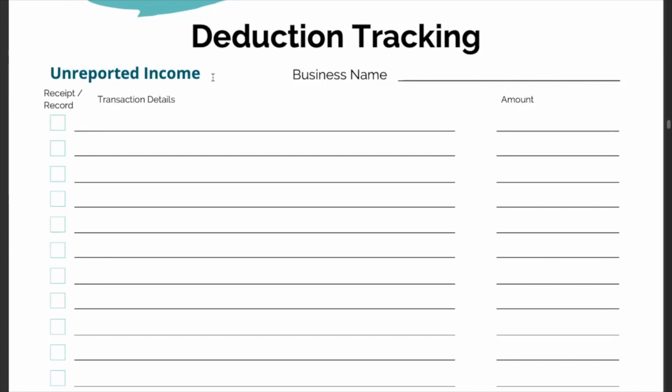Now, there are going to be times where you're not getting that information, and you just need to be able to notate down all of your income that has not been reported on something like a 1099. Now, what I recommend to my students is that in your bookkeeping records, you are documenting any time that you are receiving money.